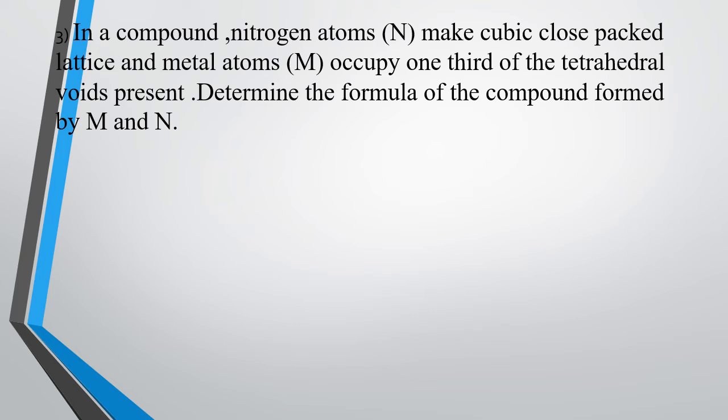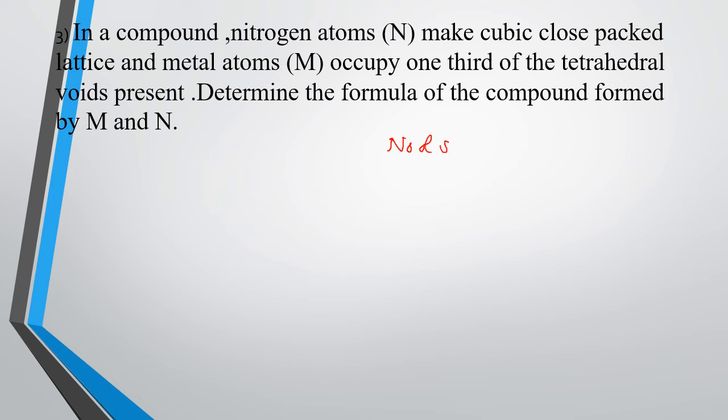Let us consider one more question here. In a compound, nitrogen atoms make a cubic close packed lattice. That means the sphere involved in the close packing is a nitrogen atom, capital letter N. And metal atom M occupies 1/3 of the tetrahedral voids. Determine the formula. So what is the formula we have?